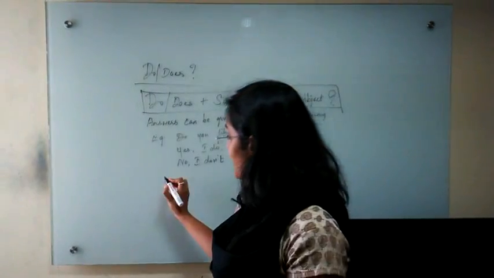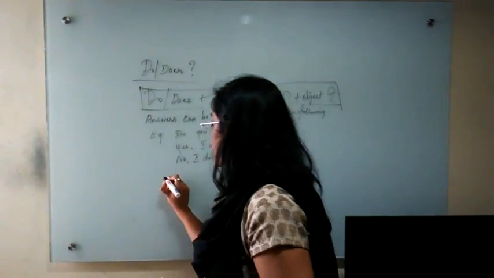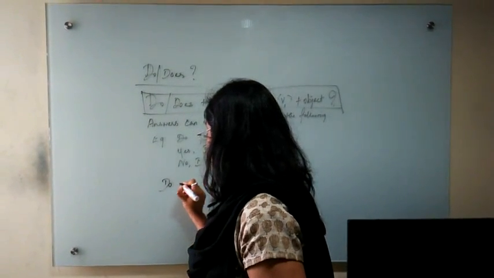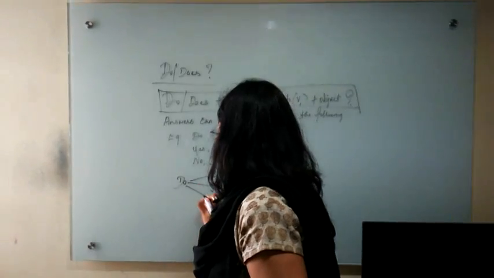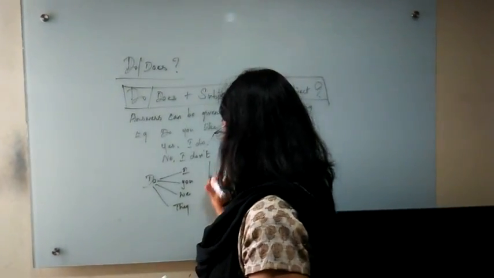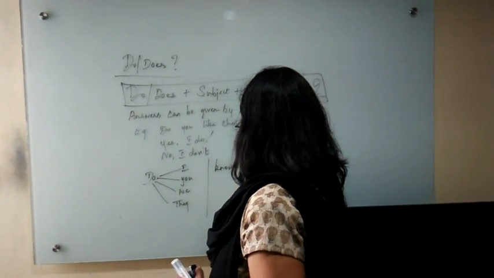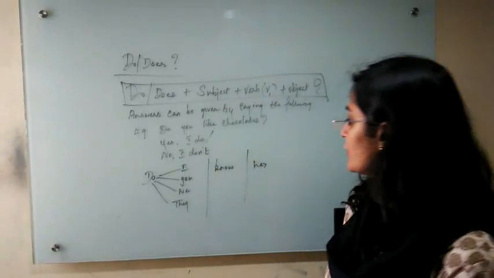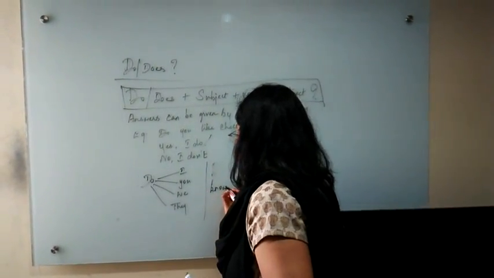Now the same rule applies with the subjects again. With do, you can use I, you, we, they. Do I know her? You can make it a simple one and keep this as common.